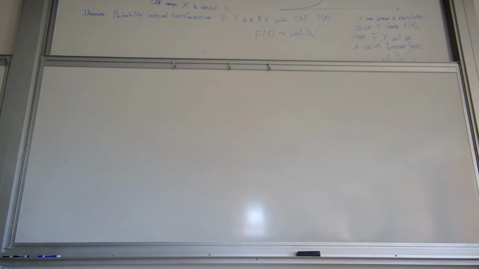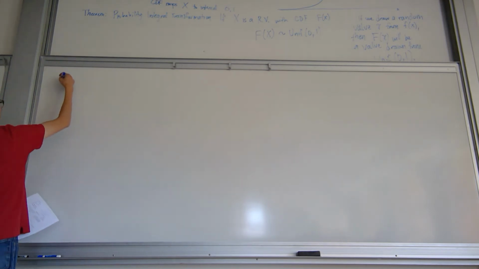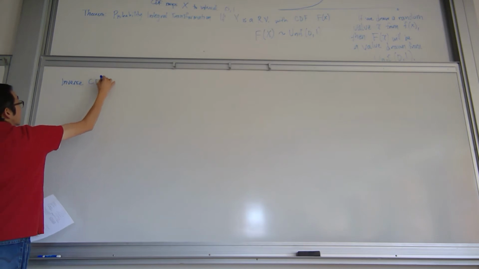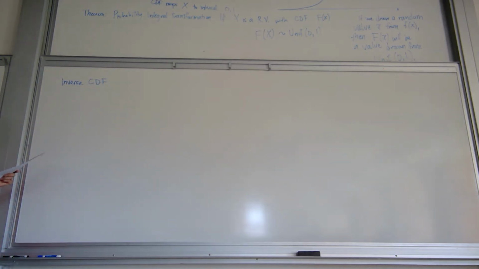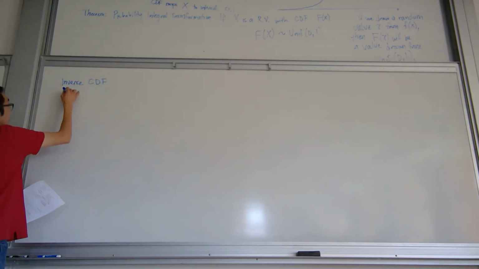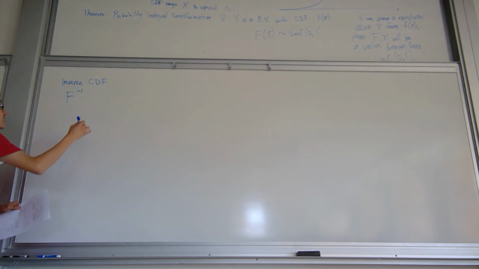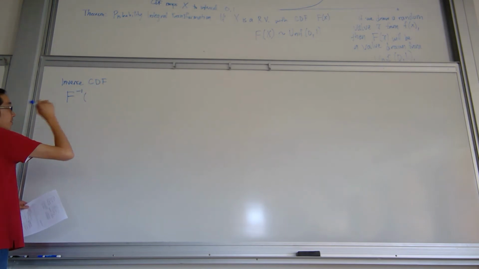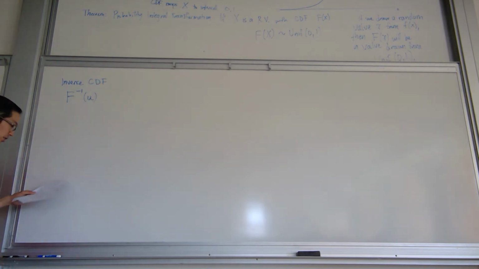All right, so we want the inverse CDF. The inverse CDF is the inverse function of F. So the CDF is F of x, and the inverse CDF is going to be F inverse of u.